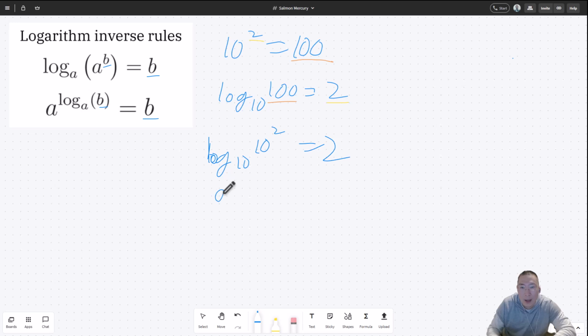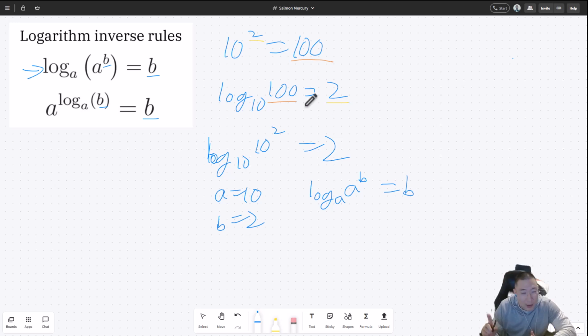So if we say a is equal to 10, and b is equal to 2, then if we plug it in, we get log base a of a to the power of b is equal to b. So that's log base 10 of 10 squared is equal to 2, and that is this equation right here. So the first one is solved.